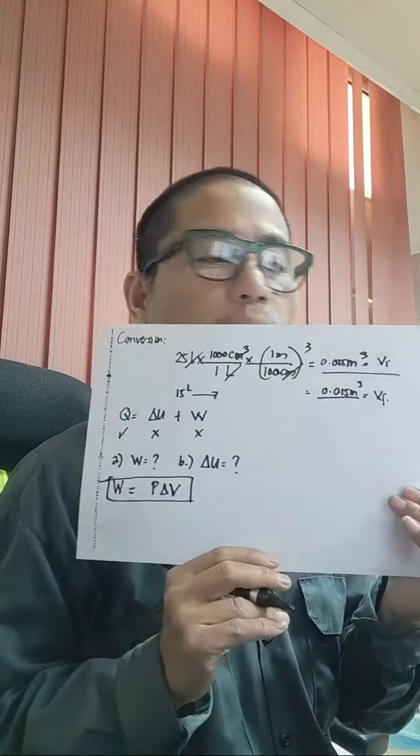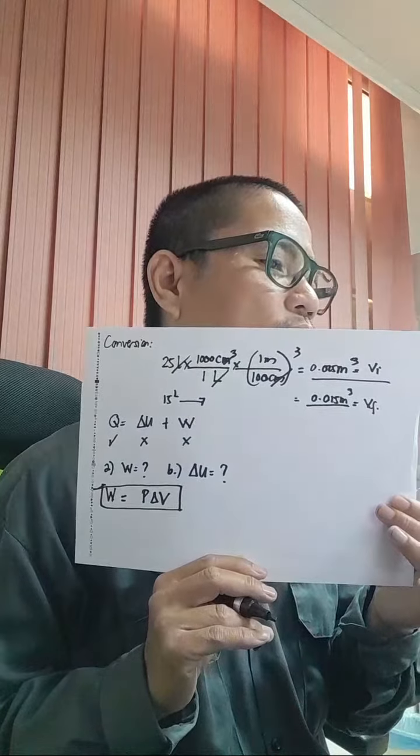From the first law of thermodynamics also, work is equal to pressure times the change in the volume. Since we have the change in the volume from compressing it from 25 liters to 15 liters, we can solve now for work.